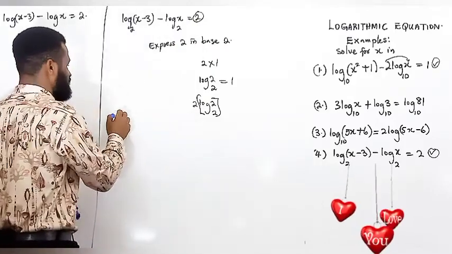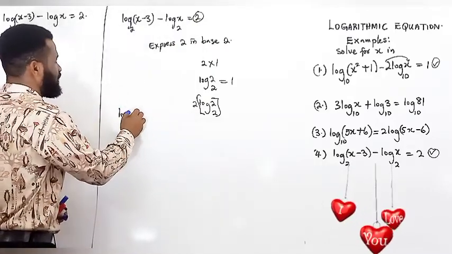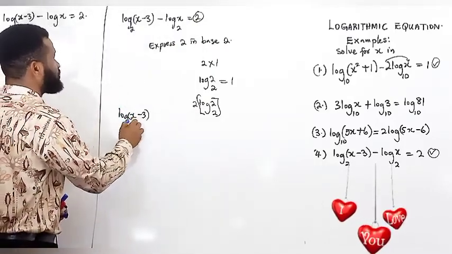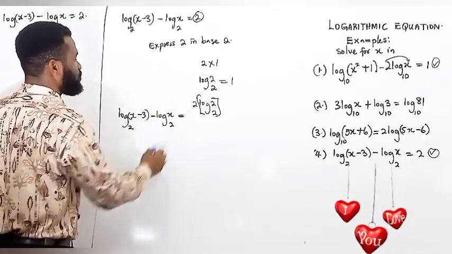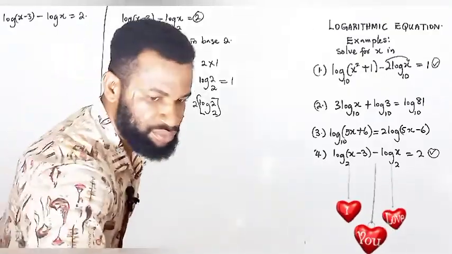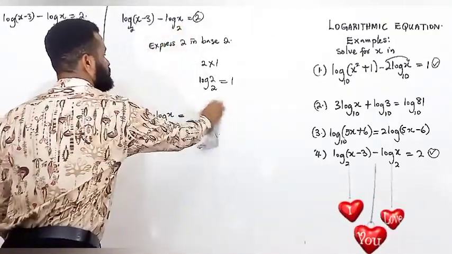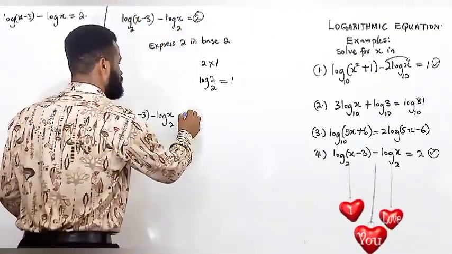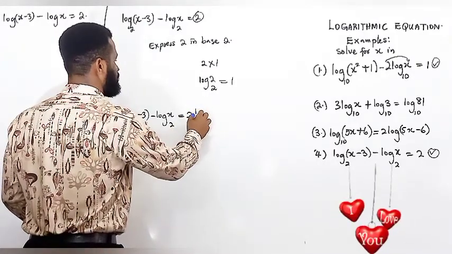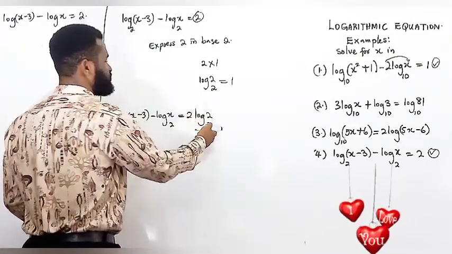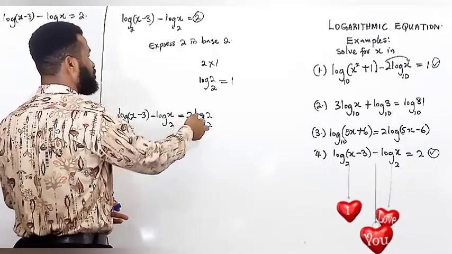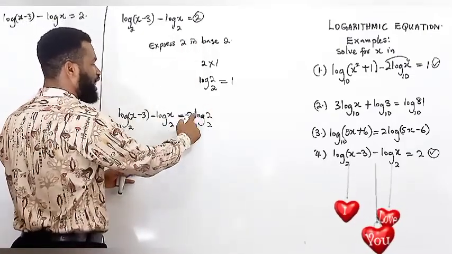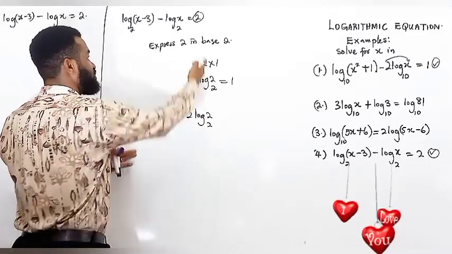So what I'm going to do, I'm going to say log x minus 3 base 2 minus log x base 2 is equal to 2 log 2 base 2. That is it. I have expressed this thing as also 2. I didn't change anything because 2 times 1 is still 2.